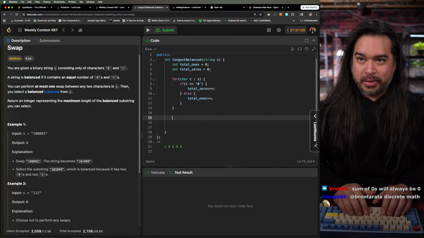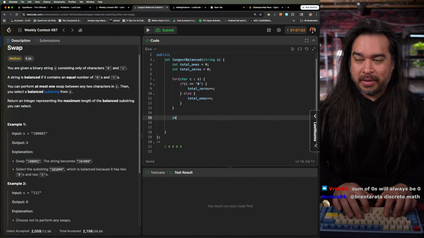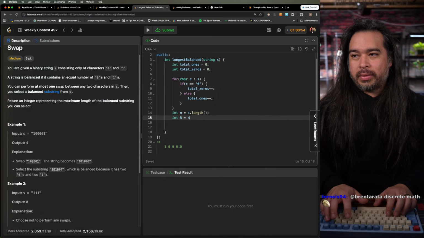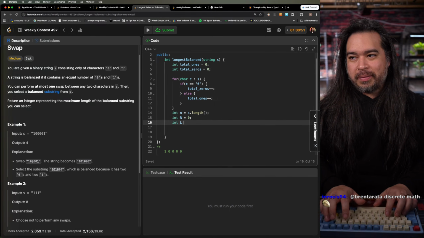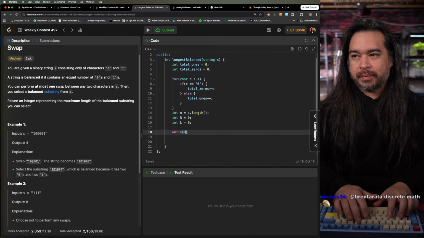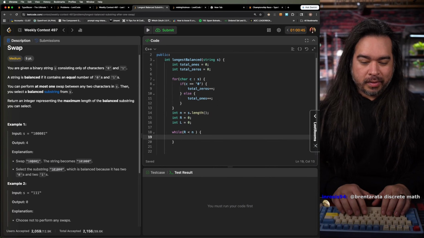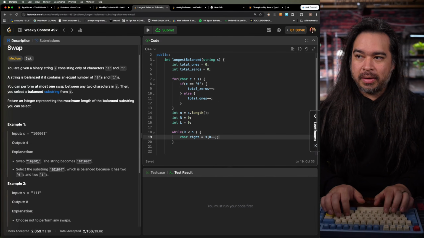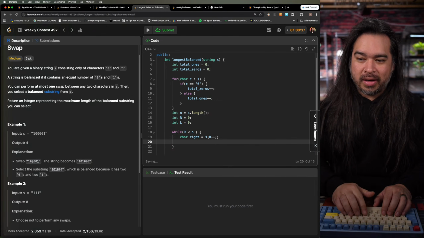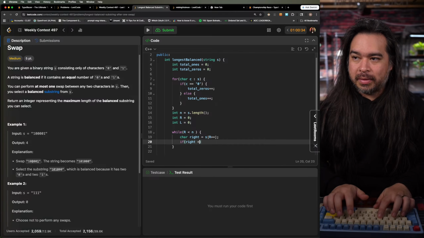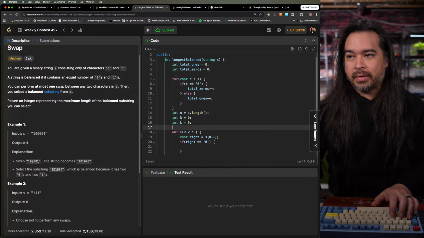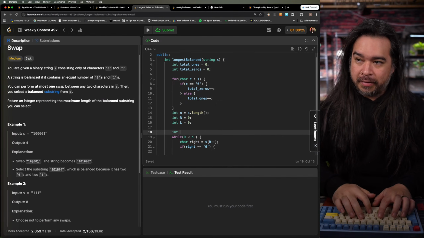My sliding window is real whack, but here it goes. Wait, I guess everything starts at 0. So I'm sliding the window. This is my character at the right pointer. And then I process that character somehow. Man, should I keep a diff?